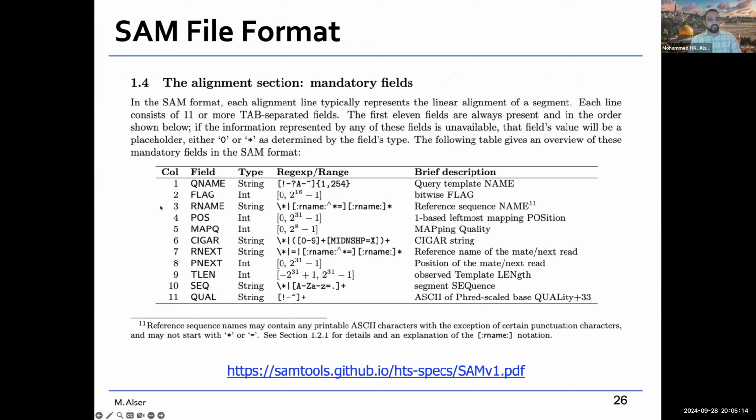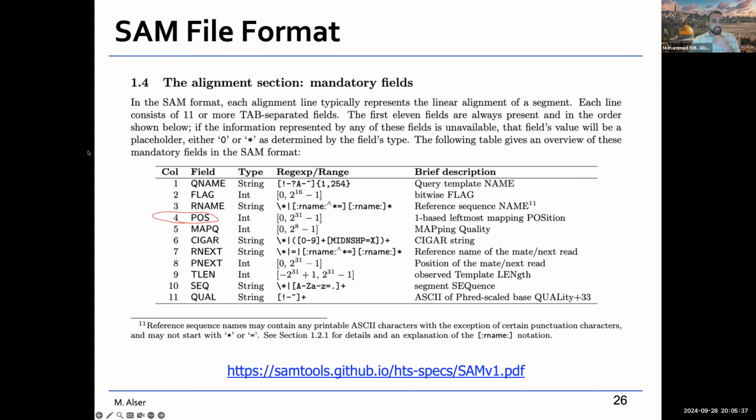Okay, so now what is very important is column number 4, because it tells us the position, or the mapping position. What does it mean? It means where exactly in the reference genome I can start seeing the subsequence that is similar to the read sequence that I have.